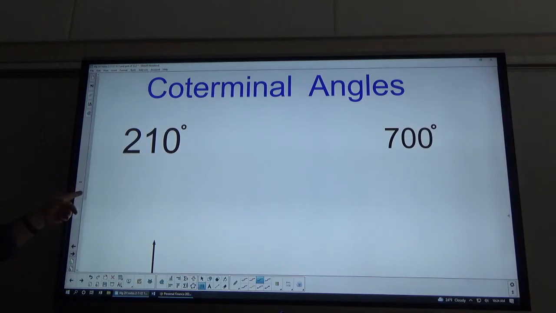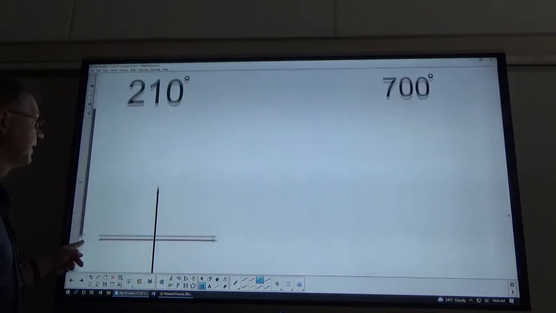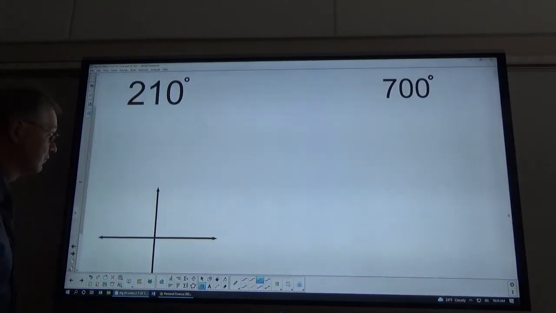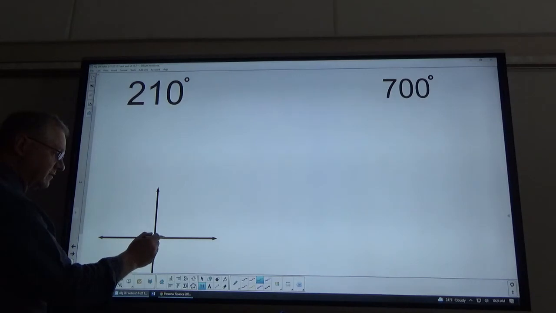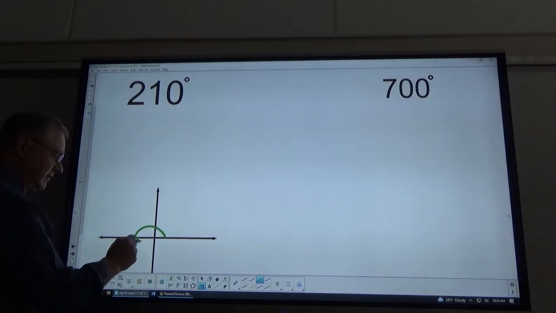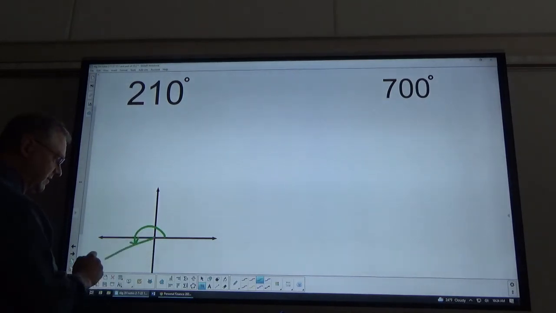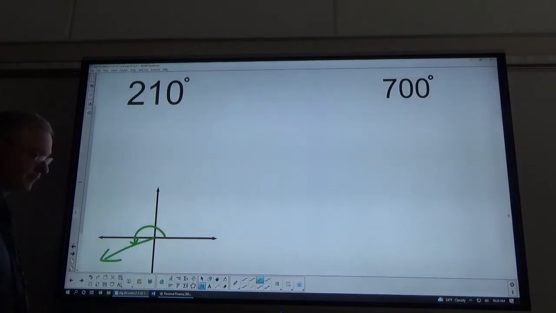Last but not least, coterminal angles. They end in the same place. Now 210 degrees, this is 180, so 30 more degrees. 210 degrees is somewhere around that, roughly.